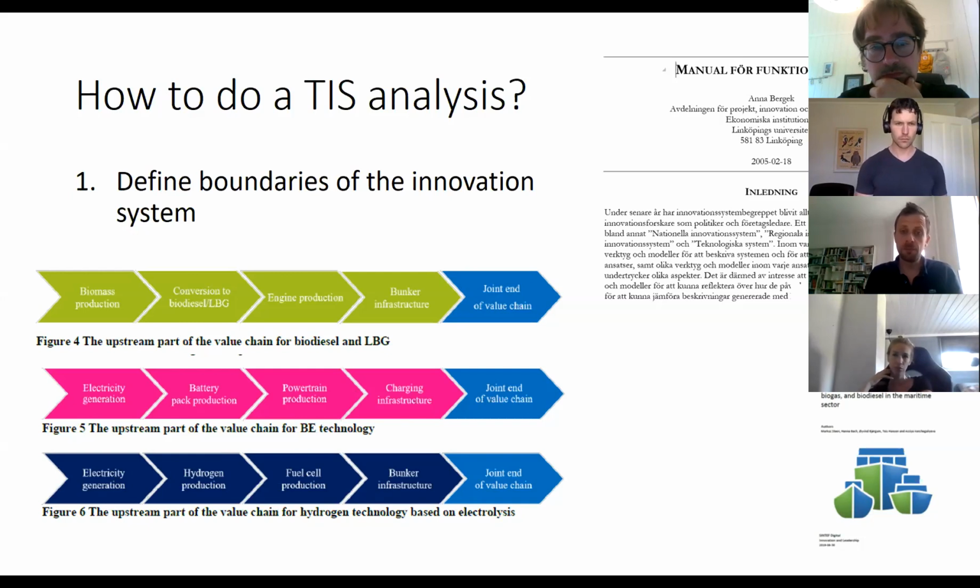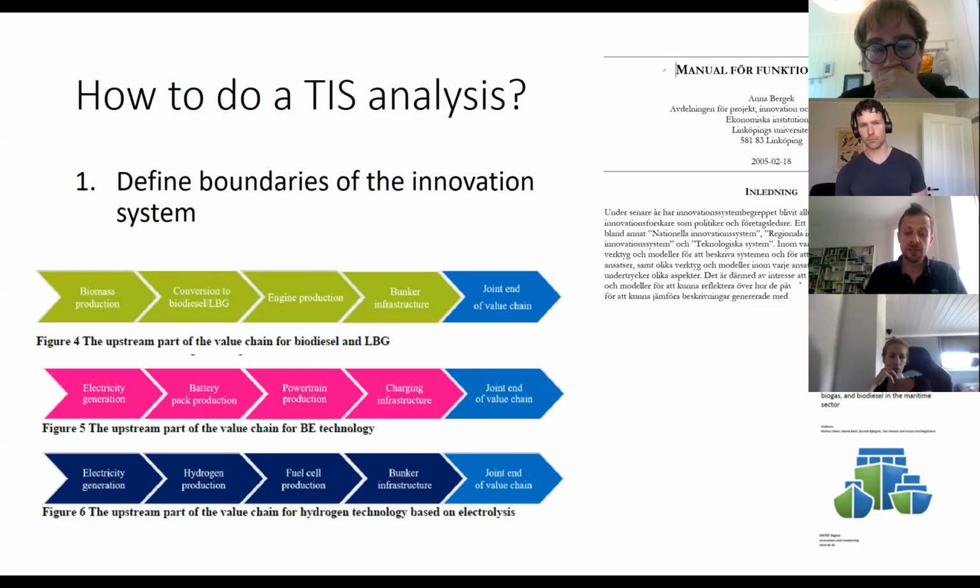Just to give you one example from this report you see in the bottom right corner here, which is a report from a project on green transitions in the maritime shipping sector, where we look at 4 different technologies: biogas, biodiesel, hydrogen, and battery electric solutions.